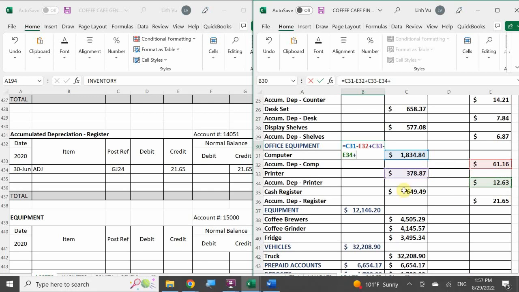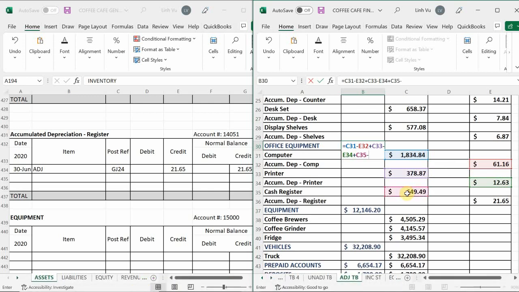So as you can see, adding is going to be all blue. Subtracting, except for this one, subtracting is all red. Okay, so now I have $2,767.76. Okay, that's my current book value for my office equipment.